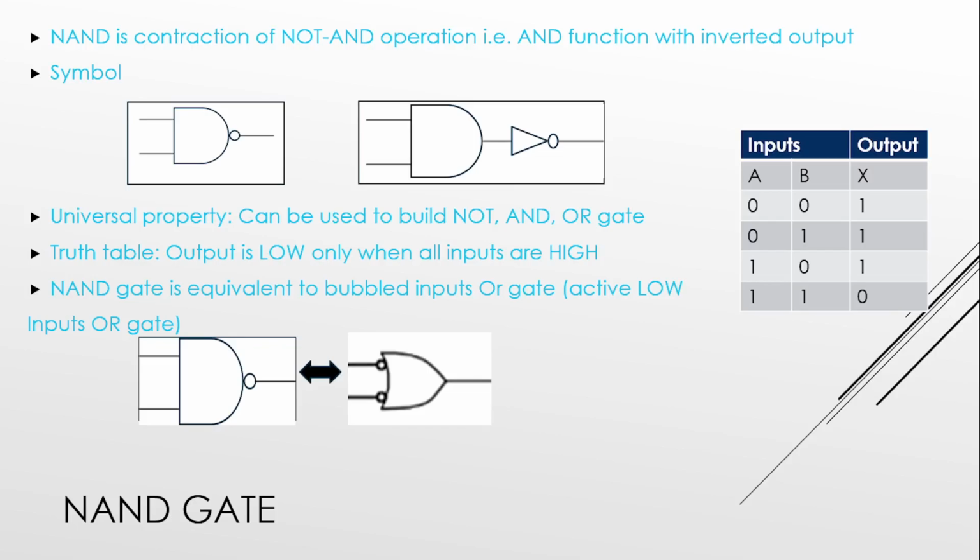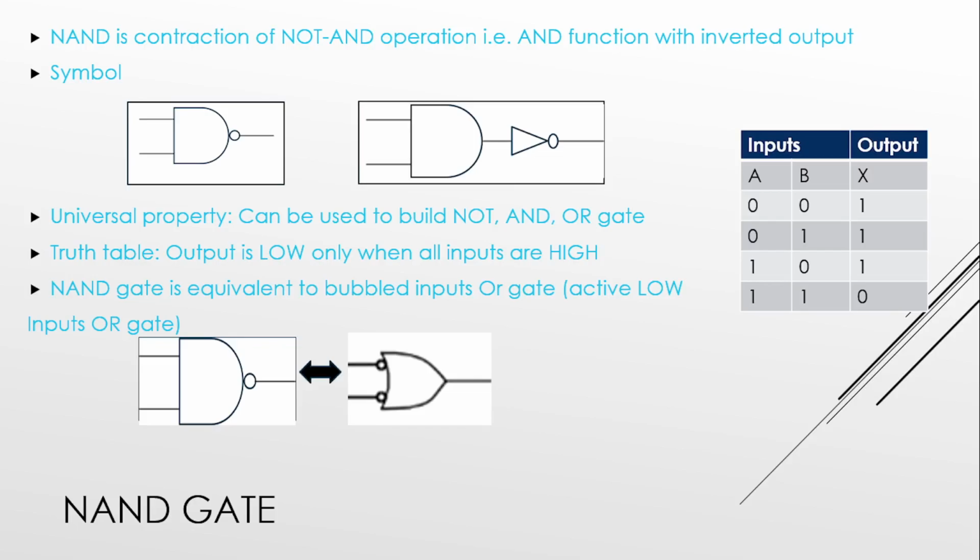And now let us study the two exclusive gates or special purpose gates. Those are known as XOR gate and XNOR gate. So exclusive OR gate or XOR gate is shown as a logic symbol in this figure.